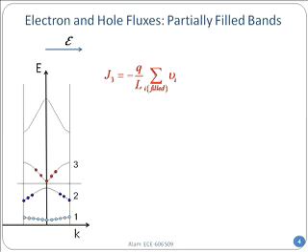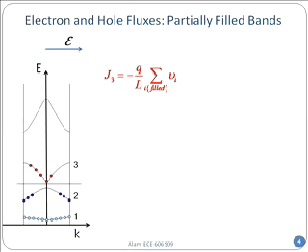Except that when you apply an electric field, what will happen? Let's focus on the red points. Because the electric field is in the positive direction, and the electron has a negative charge and a positive effective mass, electrons will be moving opposite to the direction of the electric field.